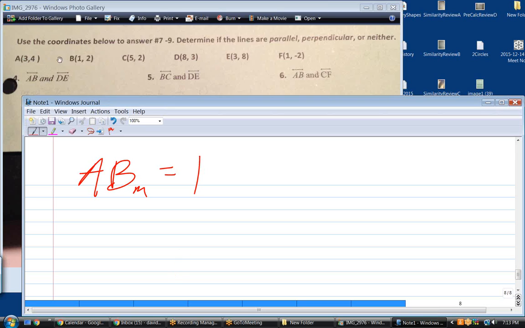Okay. Notice this would have been a little easier to do the math the other way. In other words, isn't it easier to do 4 minus 2 divided by 3 minus 1? It gives you 2 over 2, which is also 1. We're always going to get the same answer. But when you're figuring slopes, if both calculations work, it's better to do this minus this, and that's the direction I go.